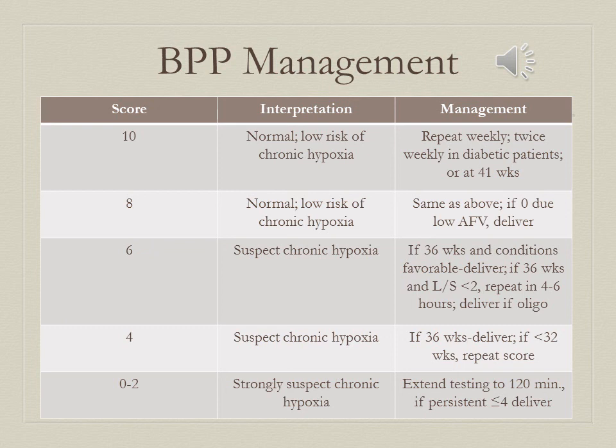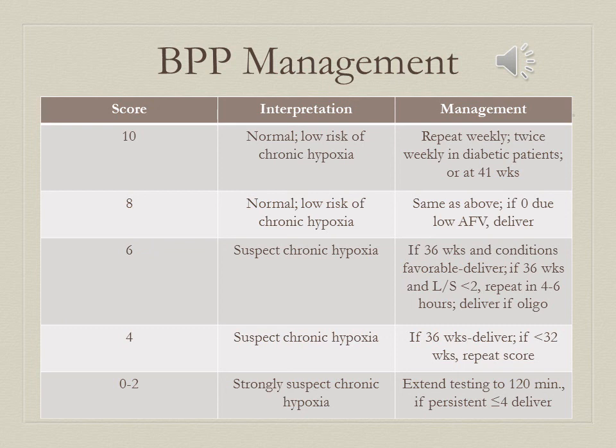If they're 36 weeks but the fetal lungs aren't mature, if your LS ratio is less than 2, you're going to want to repeat the test in 4 to 6 hours, regardless of the LS ratio. If there is oligohydramnios, you need to go ahead and deliver the baby.